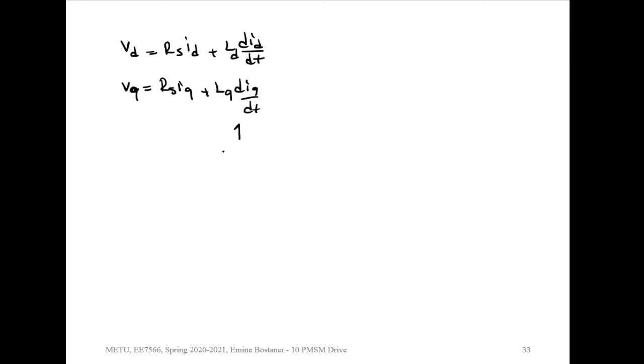These are only for transients, plus or maybe minus. When we look at the phasor diagram, this is D, this is Q. We know this induced voltage is always in the Q axis. This is E, which is omega E times flux PM, because it is the derivative of the flux PM, the flux linkage.